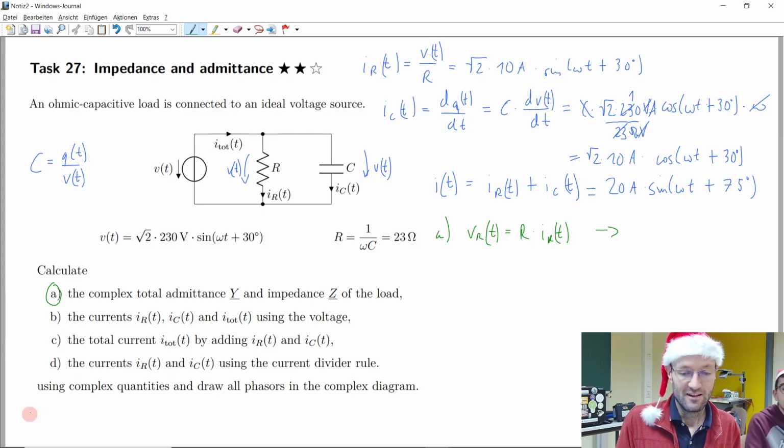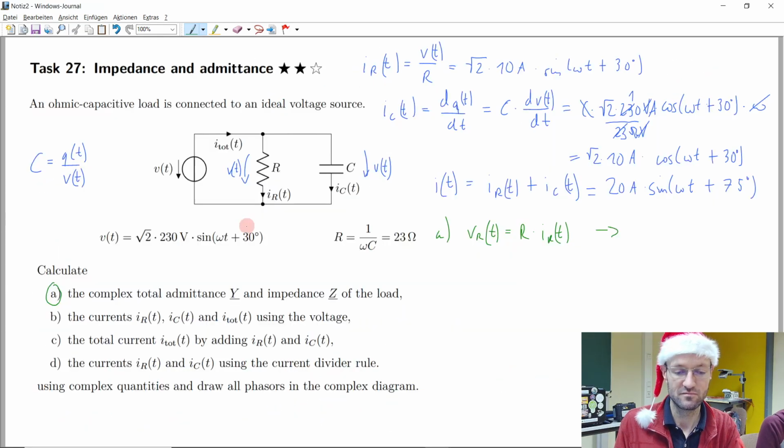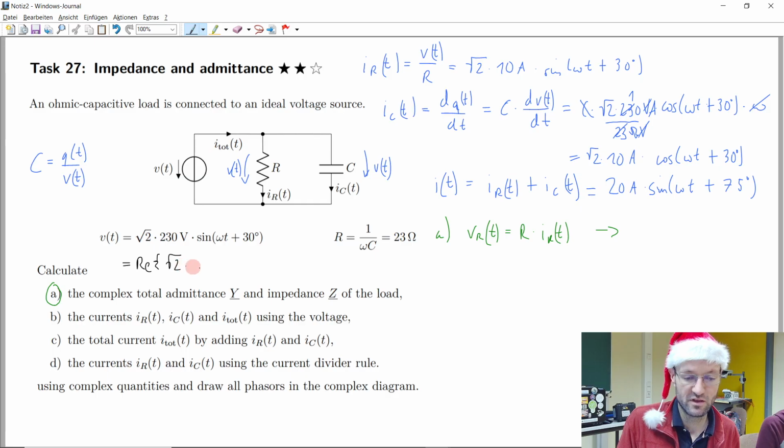So now instead of this equation, and this is somehow the connection to the task that we have done before, instead of this here, we could also write it's the real part of square root of 2 times 230 volts times, no, and in this case it's not the real part, it's the imaginary part.